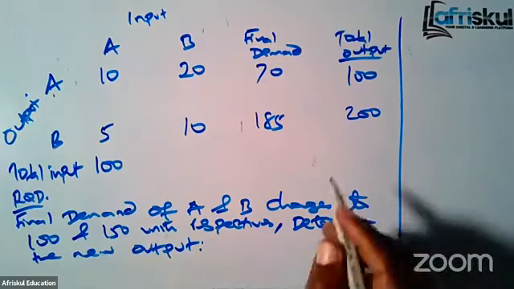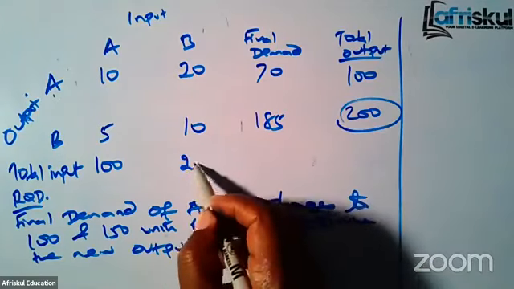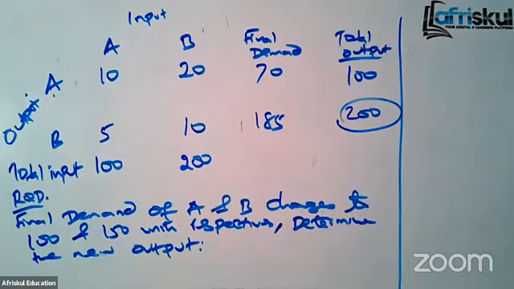And then we have B, the total output here is 200, then this one here gives me 200. So first of all, ensure balancedness. Ensure that the total output and the total input are the same. So what have we said, ladies and gentlemen? The most important thing under input-output is that balancedness is the first thing.